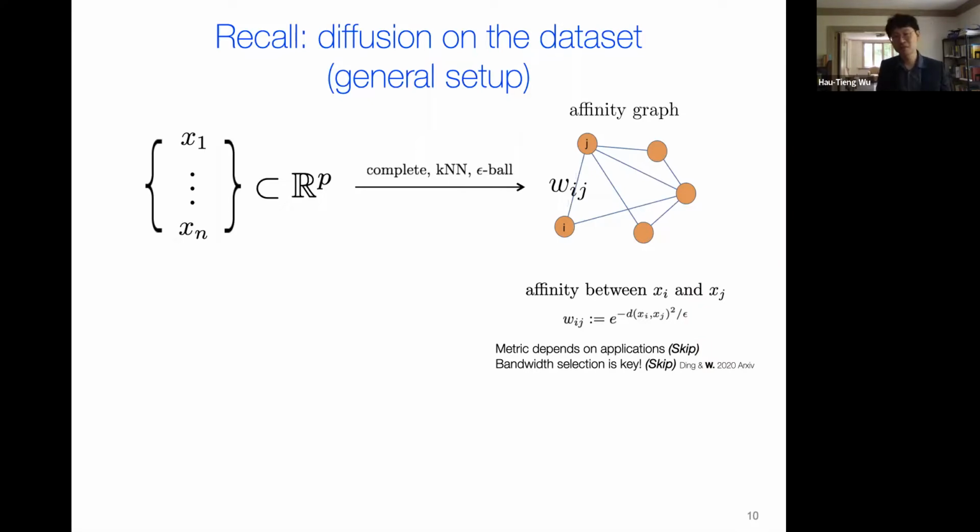Bandwidth selection is key, and we have some recent works justifying how to select epsilon. But again, I will not jump into it. This needs some kernel random matrix theory discussion, which may take too much time, so I decided not to cover it. But the short answer is you take all non-zero pairwise distances and fix a quantile, like a percentile, 25% or 50%, and you use that percentile as the epsilon. That will give you a guarantee when data is noisy.